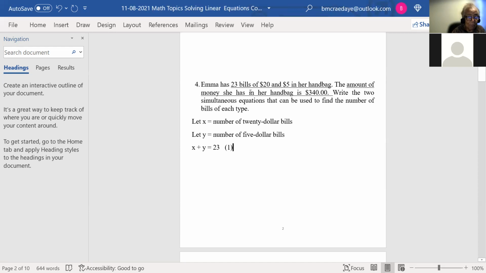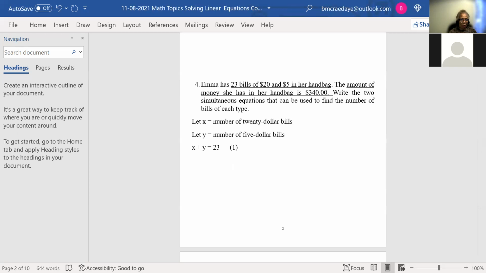Now, if the amount is 340, what adds up to 340? The amount 340 is the amount for the $20 bills and the amount for the $5 bills.